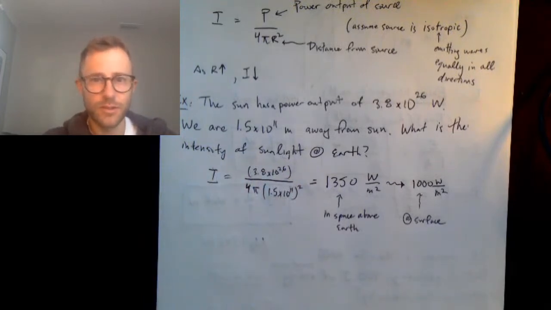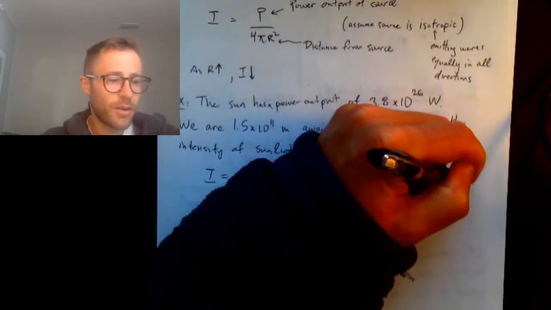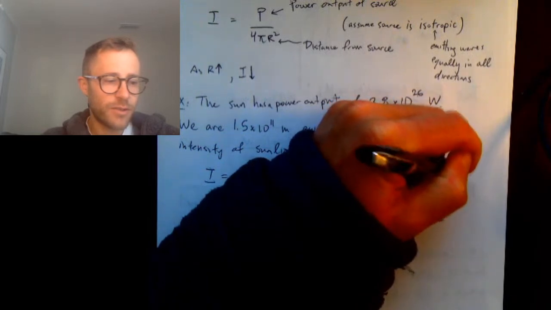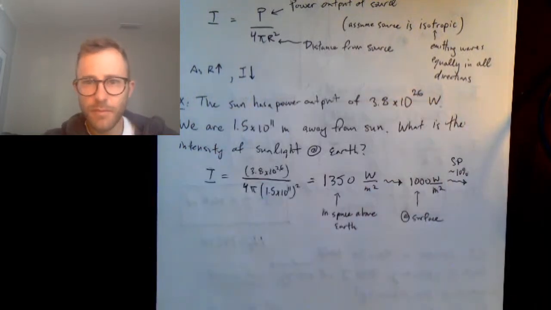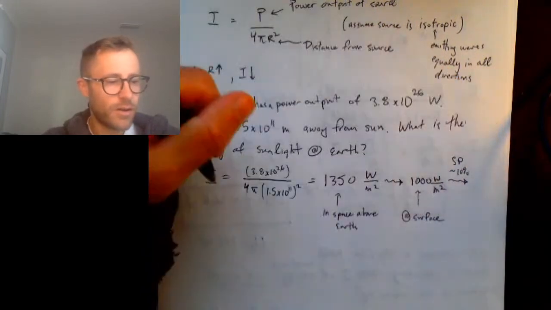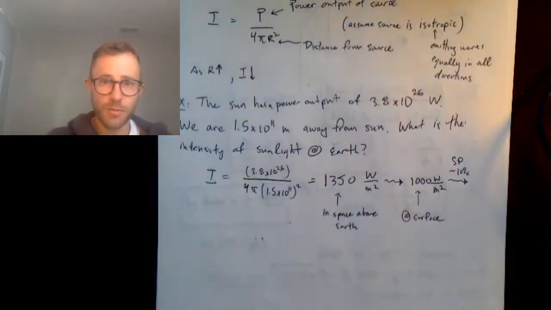the luminous intensity. And then another interesting thing is solar panels are about 10% efficient. Okay. So what that means is that solar panels are receiving 1,000 watts per square meter of sunlight. Okay.